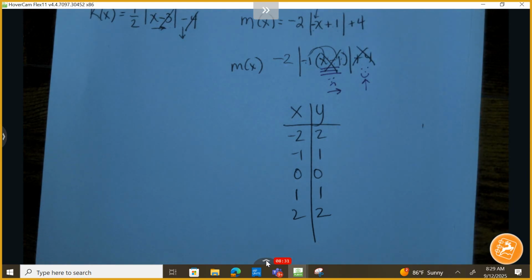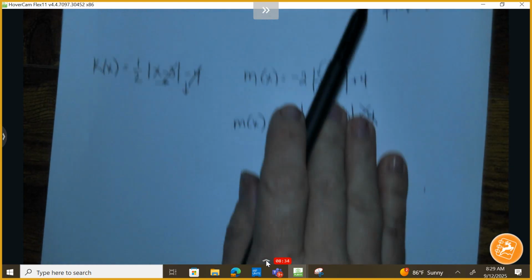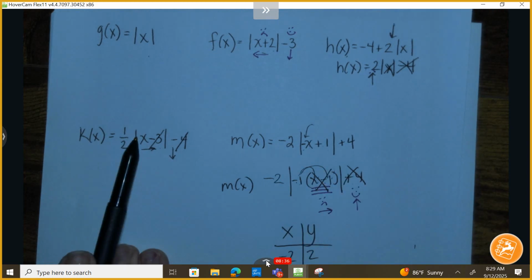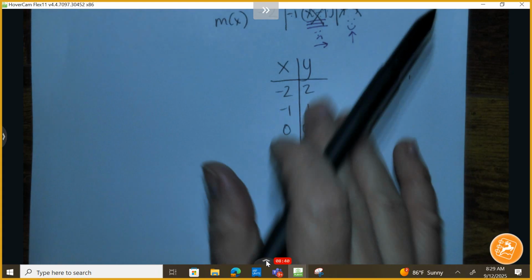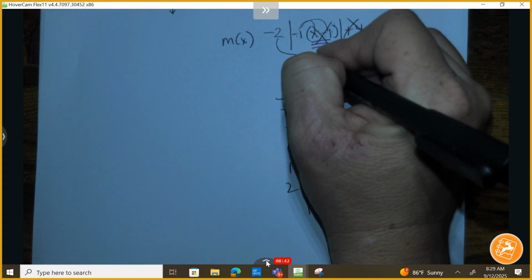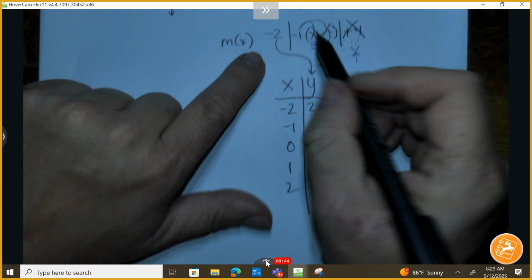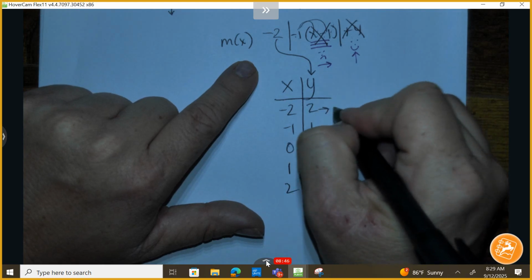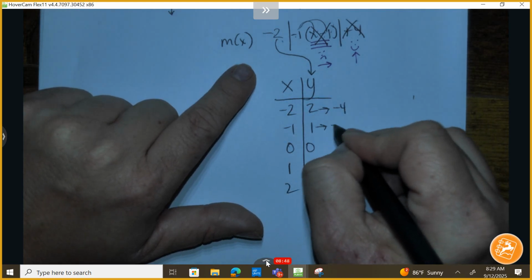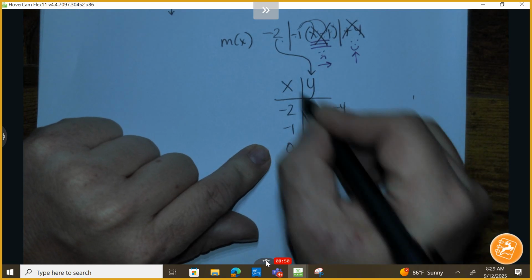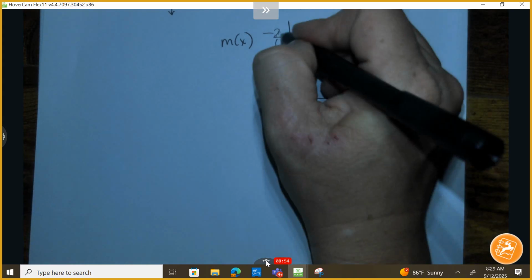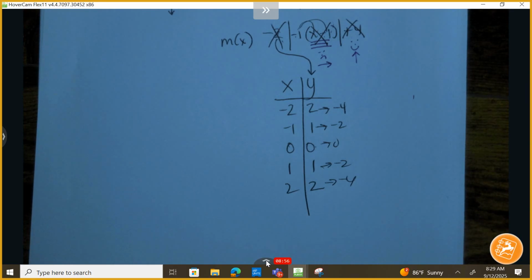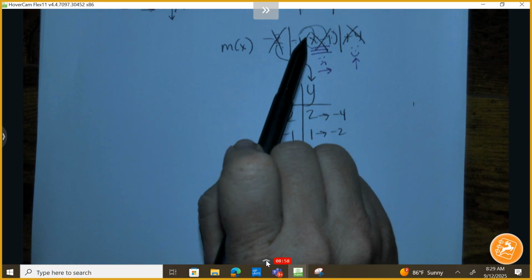There's no confusion. As I spoke about in examples 3 and 4, if there's any value directly out front, we're always going to multiply that value by the y's. So negative 2 is going to be multiplied by the y's. Negative 2 times 2 is negative 4. Negative 2, 0, negative 2, and negative 4. I've taken care of that. What's new right now is we have a negative sign in front of the x.